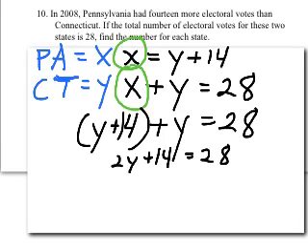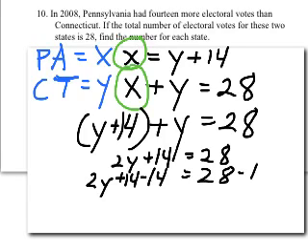And subtract 14 from both sides. 2Y plus 14 plus a negative 14 equals 28 plus a negative 14. So that gives me 2y equals 14.